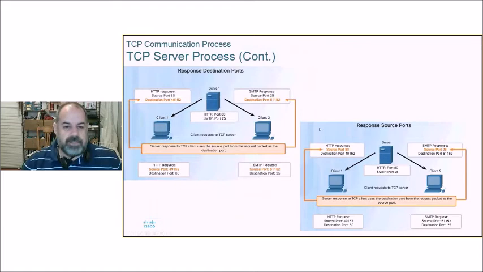That's what this is showing here. And of course, that's how you can keep track. So this is a tab on a web browser that's asking for that, and that information will go to the correct tab on the web browser. And of course, this will go to the correct email client, basically.